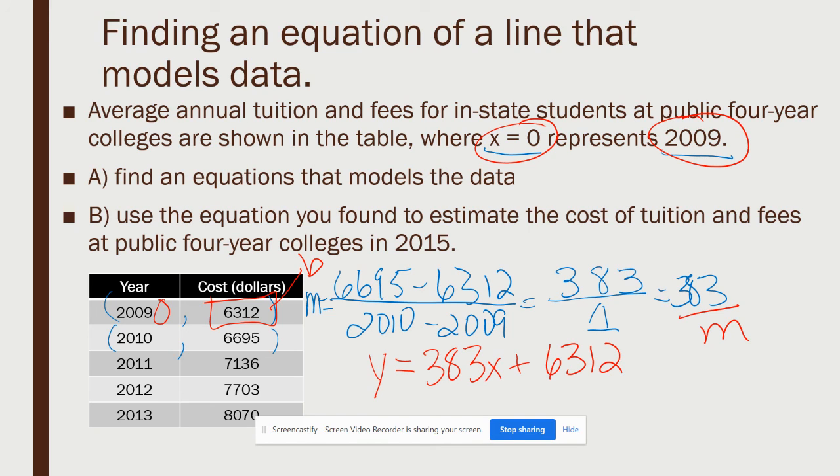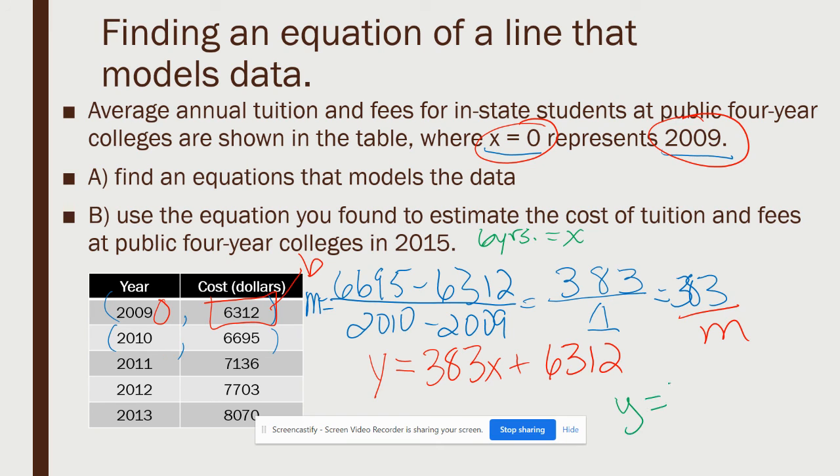Using this equation, estimate the cost of tuition and fees at public four-year colleges in 2015. Well, we first have to figure out how many years after 2009 is the year 2015, which is 6 years. So that means 6 is x.